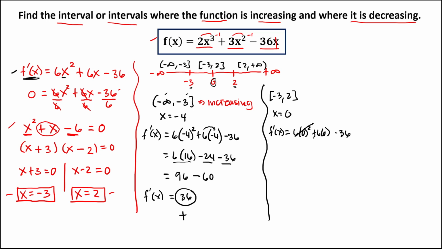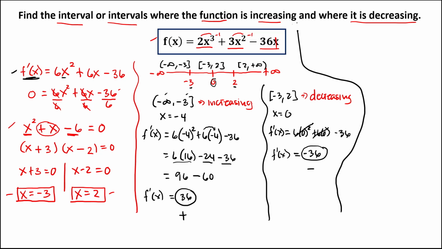This one is 0, this one is 0. So therefore, f prime of x equals negative 36. So since the value is negative, this interval is decreasing.